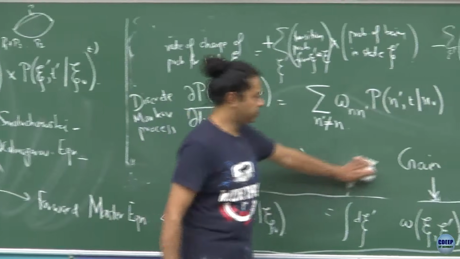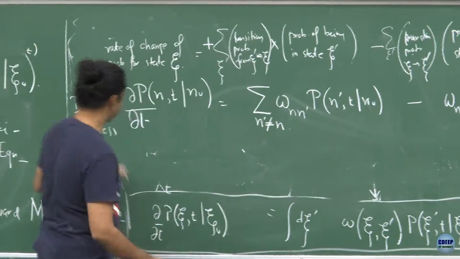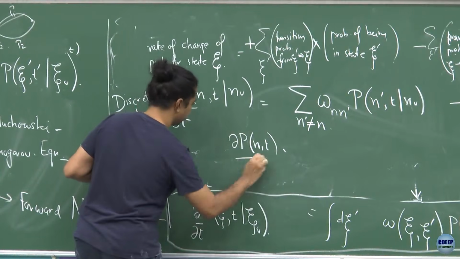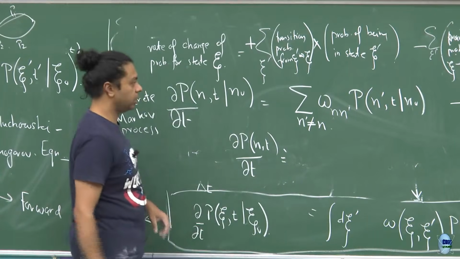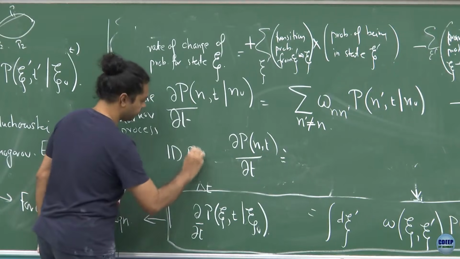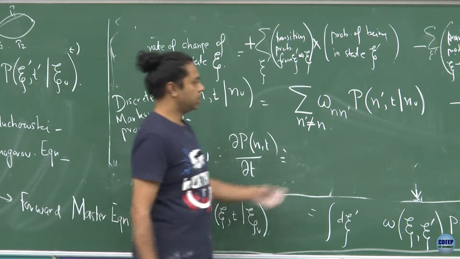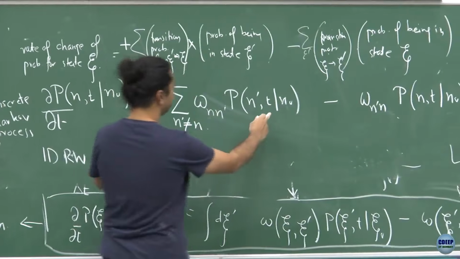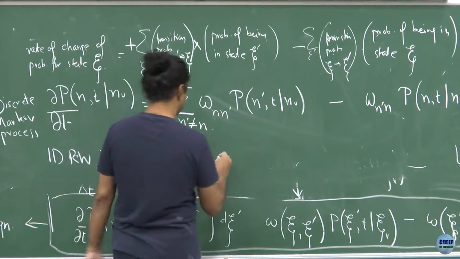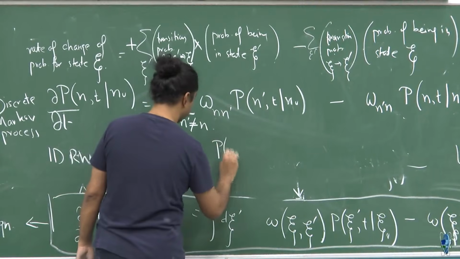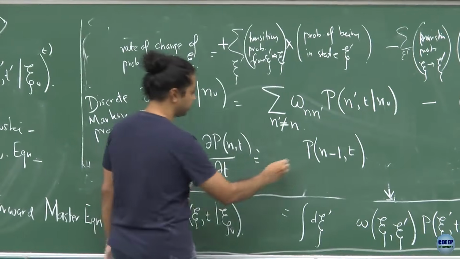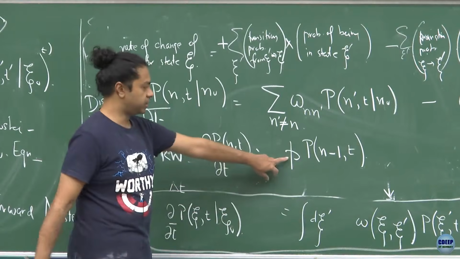And again, it is good to go back and think of the random walk. So, del p(n,t)/del t for the random walk. Let me take the 1D random walk just for simplicity. Where could you have come from? You could have come only from the side to the right or the side to the left. Okay. So, if you were on the side to the left, at n minus 1 comma t, left to right, let me say the hopping probability per unit time is p.